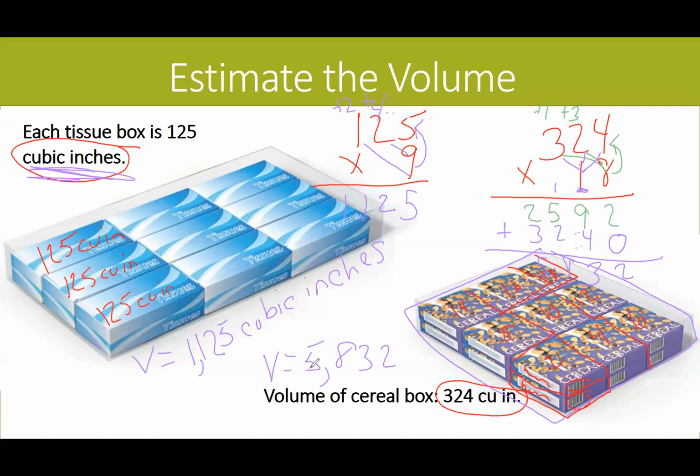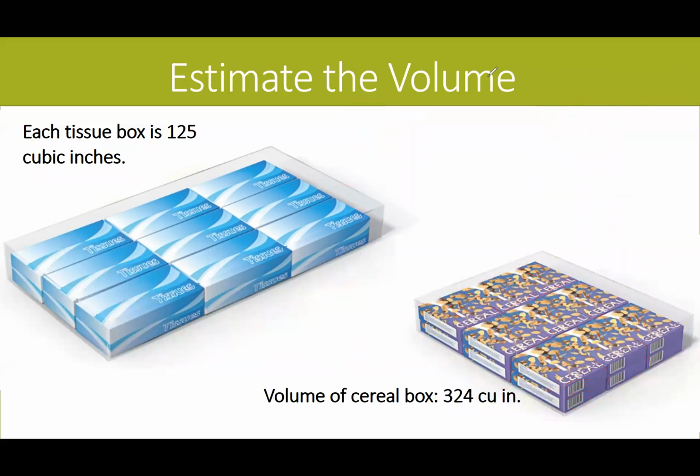And we say it's about that because remember we've got this little bitty gap in there. There's a little gap around it. So we say that it's about 5,832 what? Cubic inches. That's really important. Cubic inches. Okay.